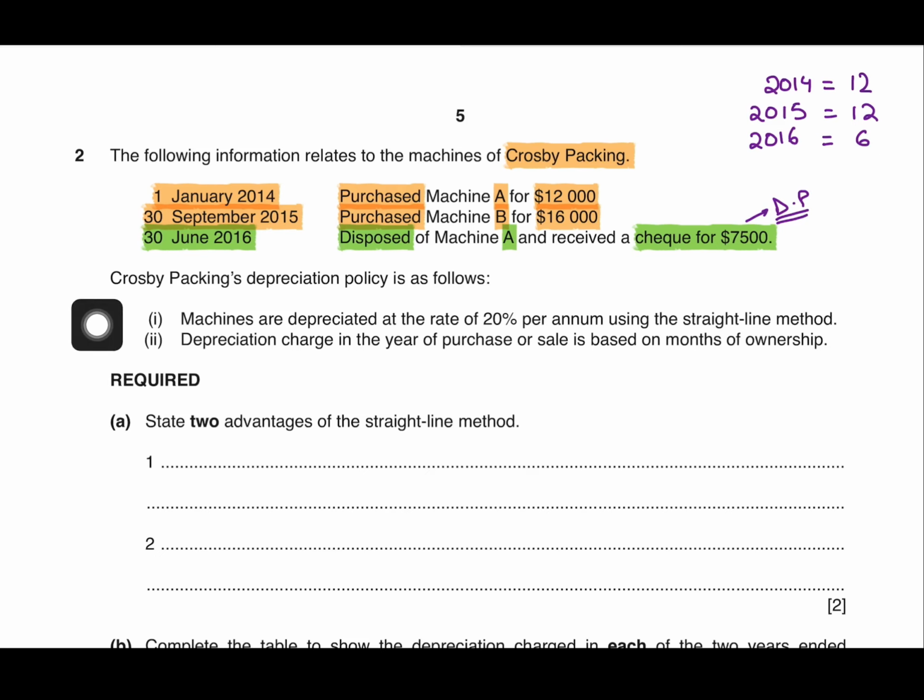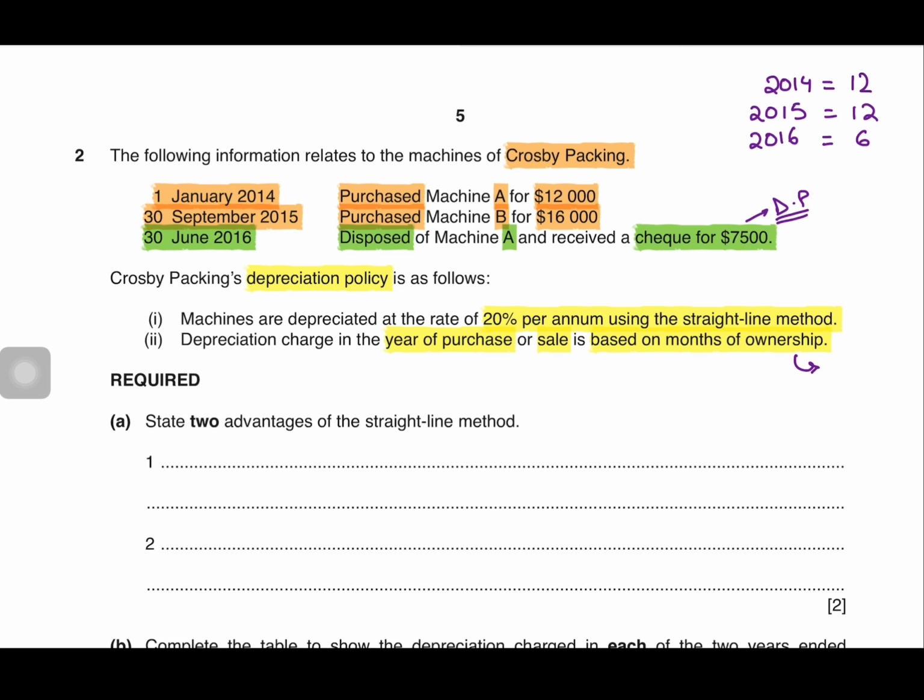Now let's read further. Cross-buy Packing's depreciation policy is as follows. Machines are depreciated at the rate of 20% per annum using the straight line method. Very good. So you don't have to deduct the accumulated depreciation every year in order to calculate current year depreciation. Then depreciation charge in the year of purchase or sale is based on the months of ownership.